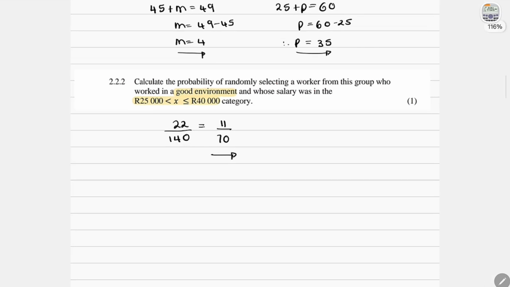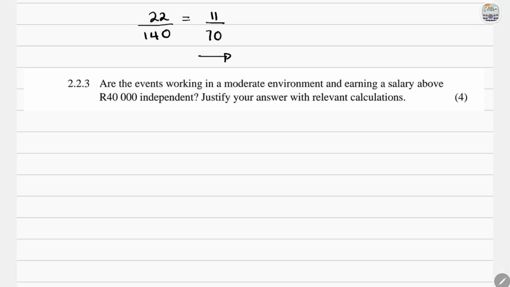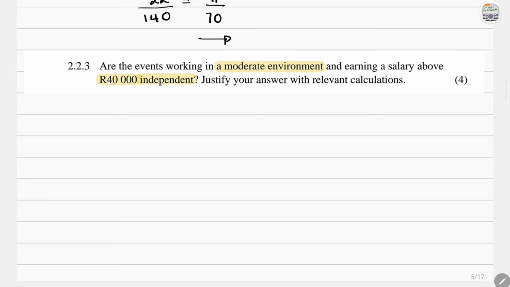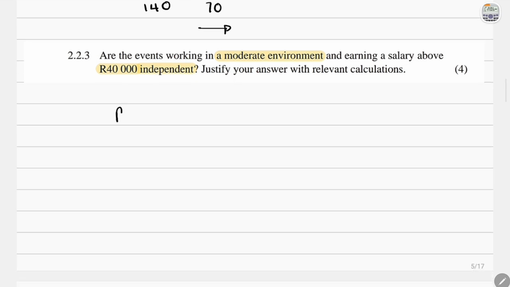Moving on to the next question. Question 2.2.3 says, are the events working in a moderate environment and earning a salary above 40,000 independent? Justify your answer with relevant calculations. So with independent events, the probability of one event and the other should be equal to the probability of the first event multiplied by the probability of the second.